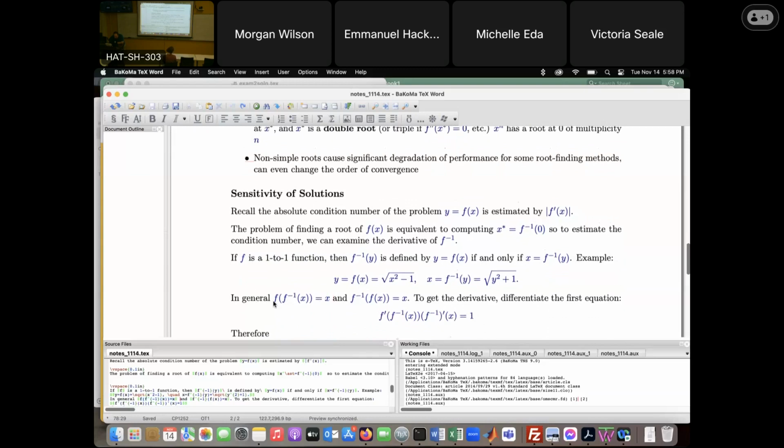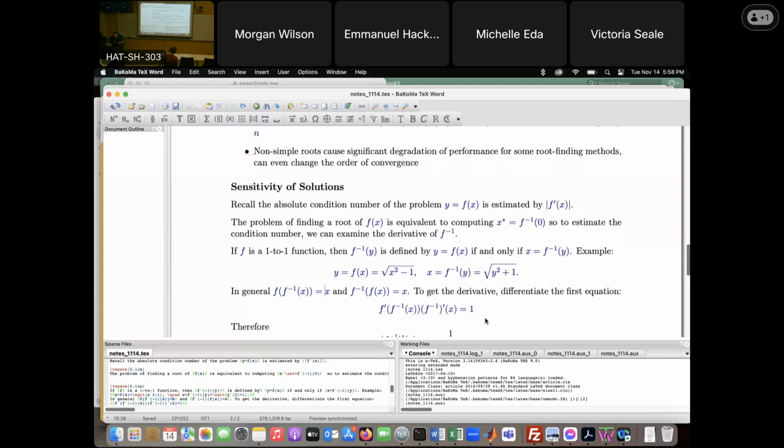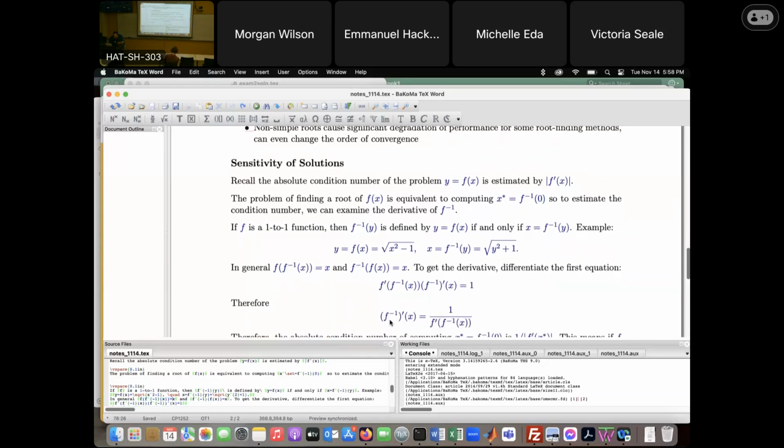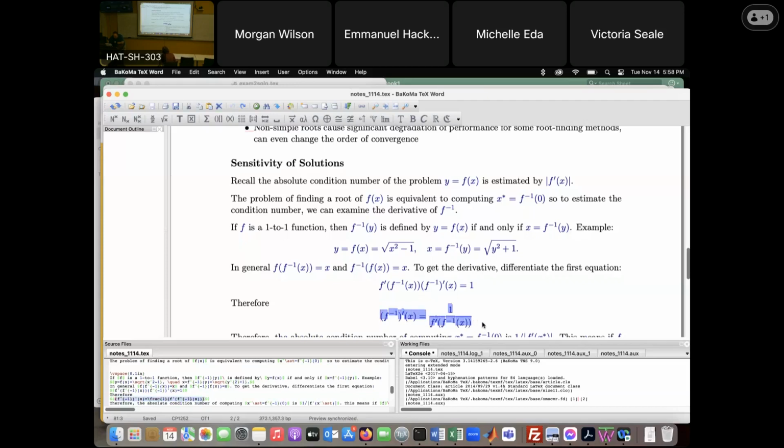If I take the derivative of this equation with respect to x, both sides, on the right side, of course, I get 1. On the left side, I have to apply the chain rule. So I'll have f prime of f inverse of x times the derivative of f inverse, and all of that is equal to 1.